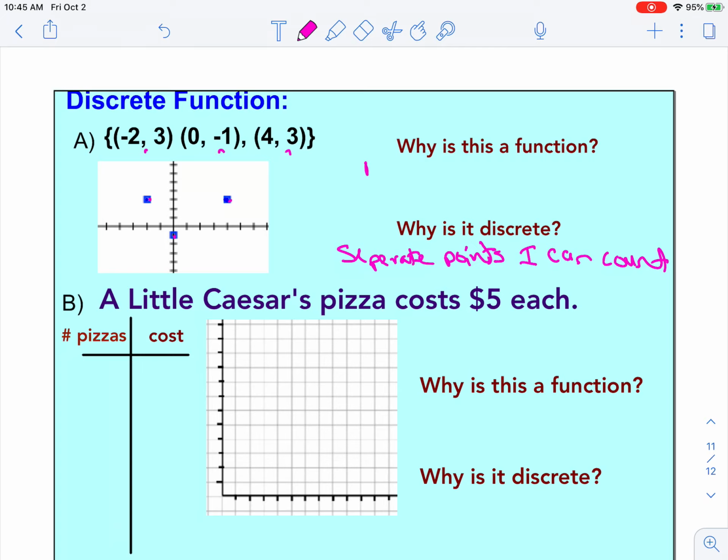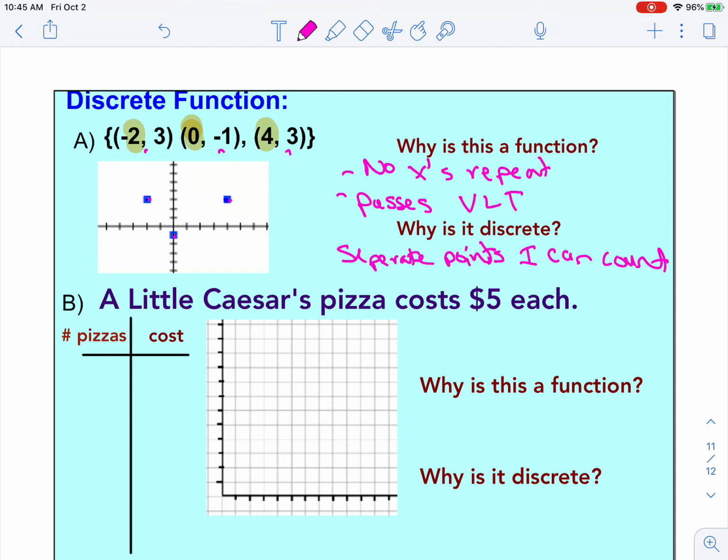Why is it a function? Well, because no x's repeat. Notice you have -2, 0, and 4. No x's repeat. And in the second example, it passes the vertical line test. We abbreviate VLT.